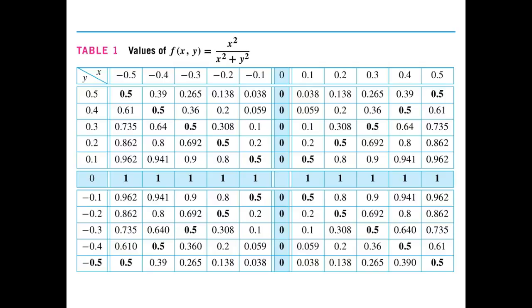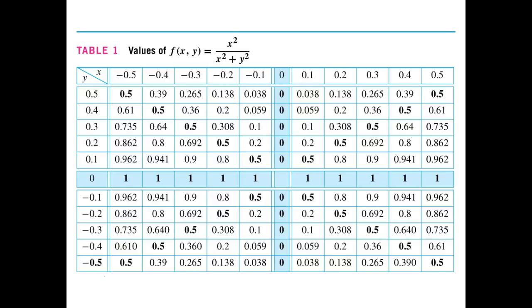All right. Now, if you let x equal 0, but y be any other value except 0, then this is obviously going to be 0 over y squared, which is going to be 0 for all of those, except, of course, where y is equal to 0 as well. Not defined there.